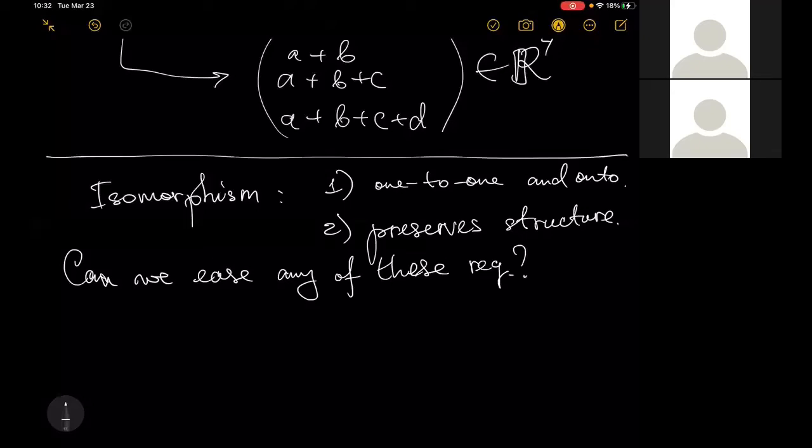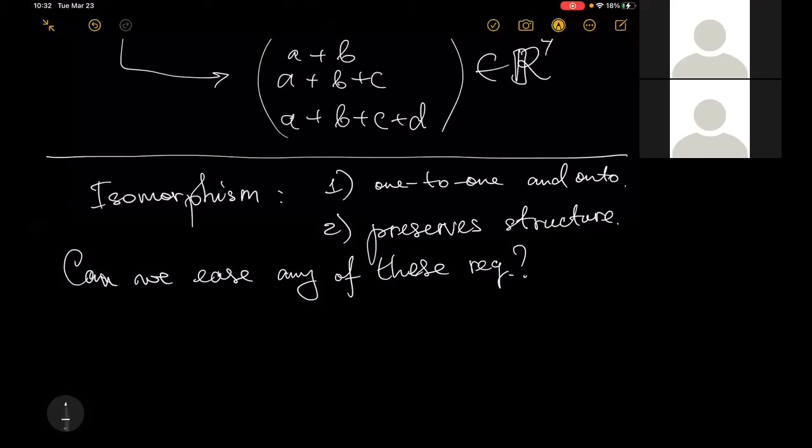Okay, so of course we can ease any of them. The question is whether we get anything useful as a result. Because, okay, you can get something, but it will be completely useless. Or in some cases it's useful, but has pretty narrow range of applicability.